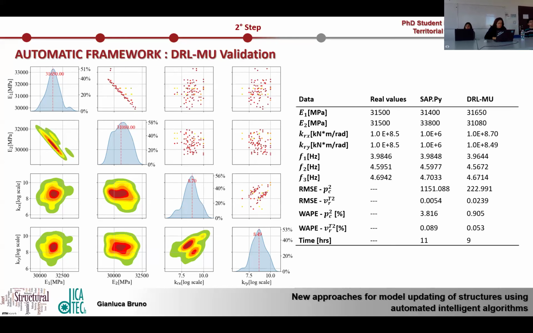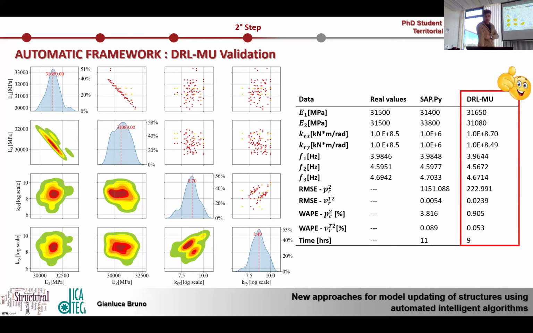And with the table, we can observe the values obtained with the statistical study, which are very accurate in terms of control parameters and in terms of target variable. I compare with the previous algorithm that simulates a manual process for model updating.